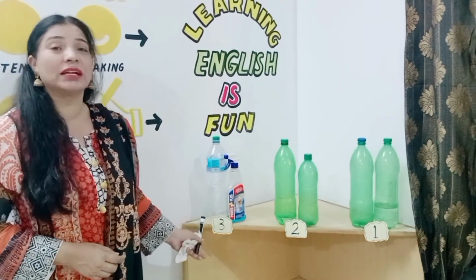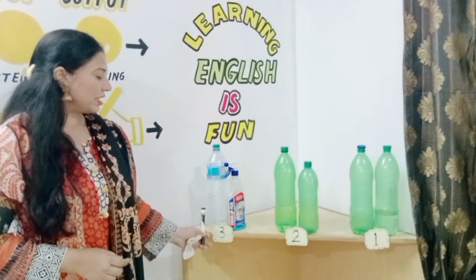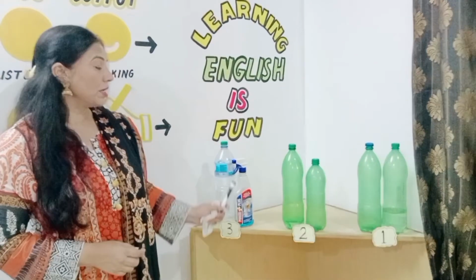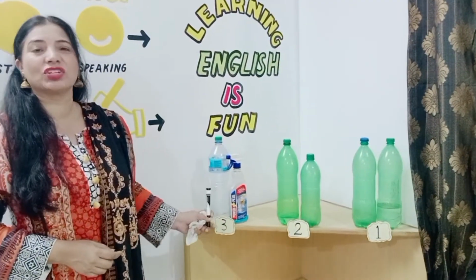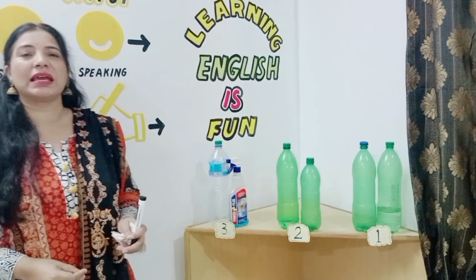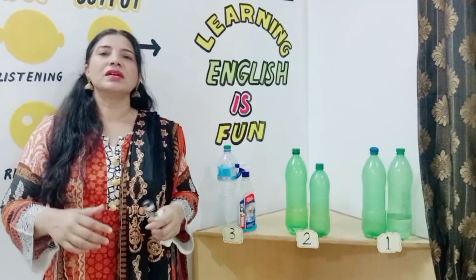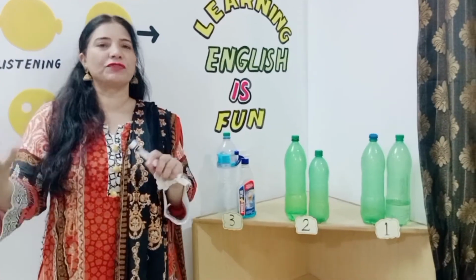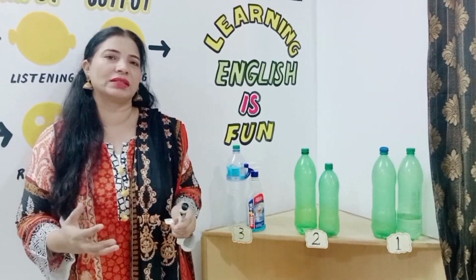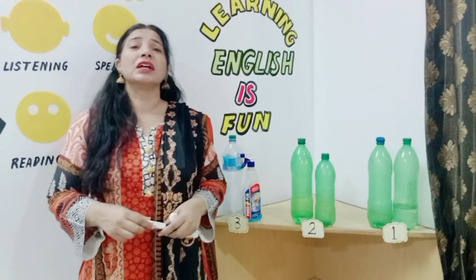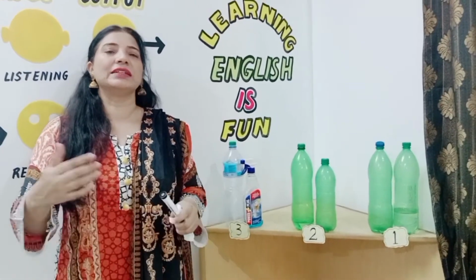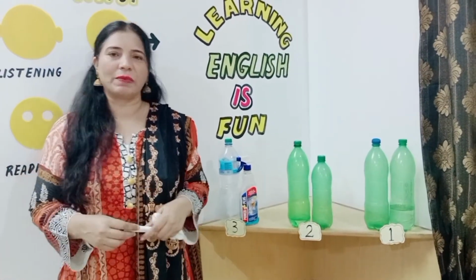If you look at the third pair of bottles, you see they are both transparent, but their lids are different and their shapes are different. Similarly, in language, we also have such words which are similar or different from each other somehow or the other, but they still create confusion for us in our day-to-day life. So let's talk about them.